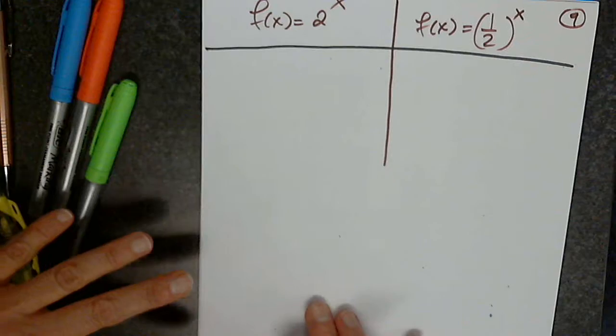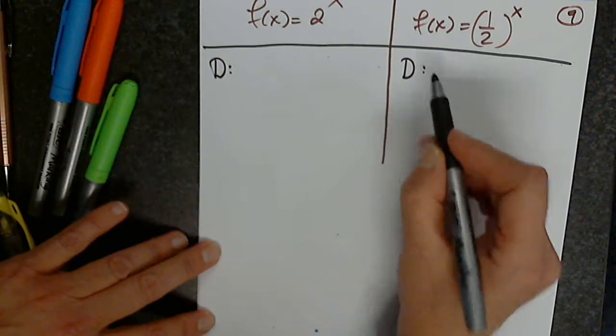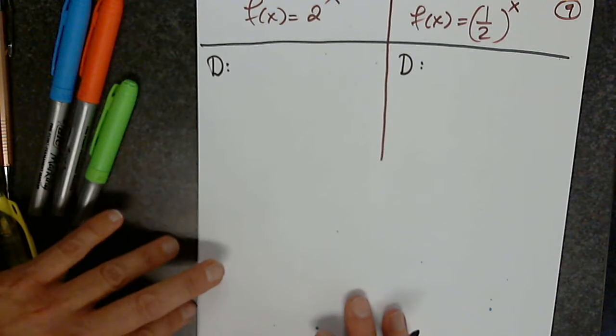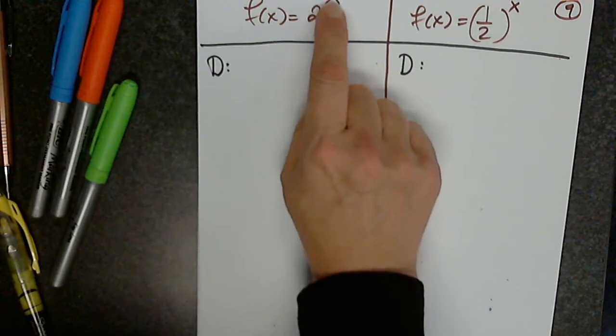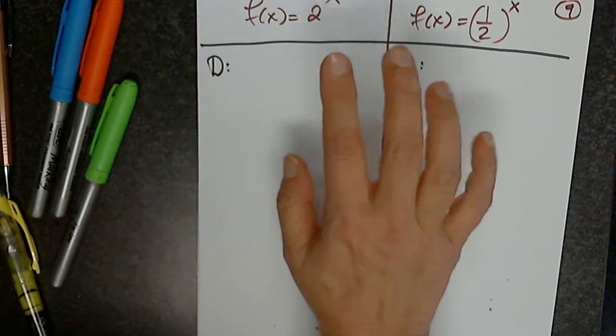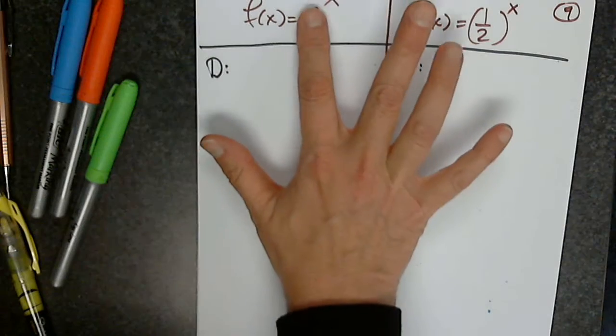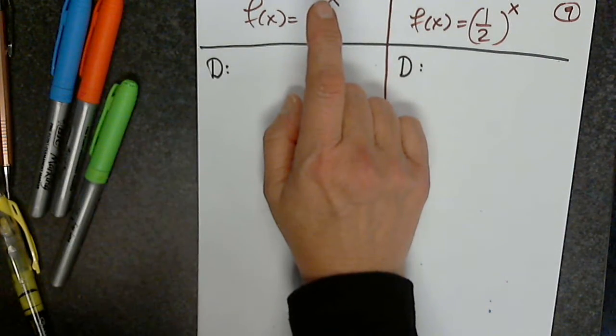Now, what do you think the power can be? Because I need to find the domain in both cases. So the question is this: what can I plug in for x? Can I put 0 in here? Remember, the restriction was only for the base. Yes, 2 raised to 0 is 1.